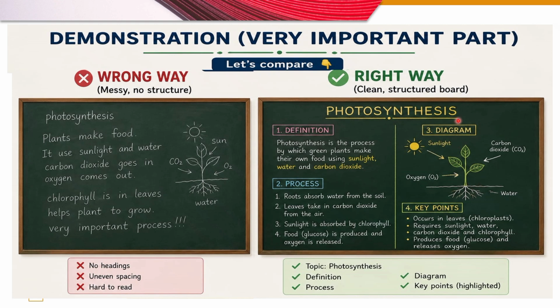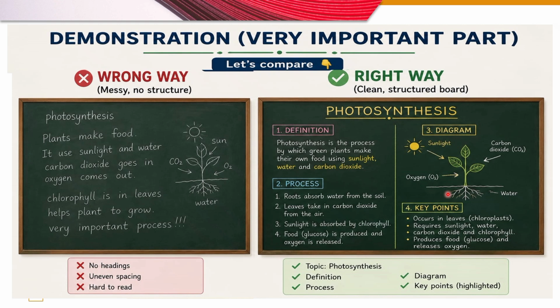The topic is there, the definition is given, the process is written in short form, the diagram is drawn clearly, and key points are highlighted with colorful chalk. Everything is well organized, and the writing is very neat and clear.